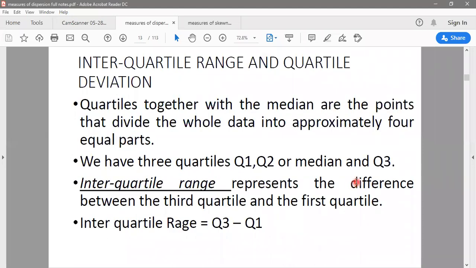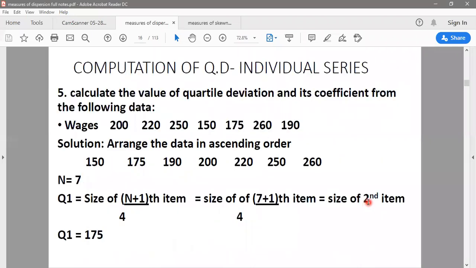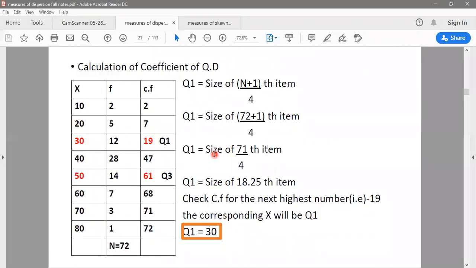Then coming to quartile deviations, here you have the interquartile range Q3 minus Q1. So be careful in calculating Q3 and Q1. That is n plus 1 by 4 for Q1 in the individual series. If you go on to the discrete series also, the formula remains the same, n plus 1 by 4, 3n plus 1 by 4. But when you go to the continuous series, you will have to be careful.